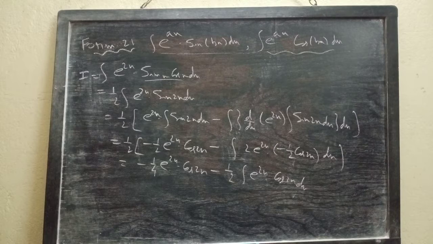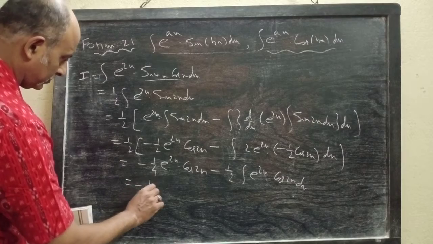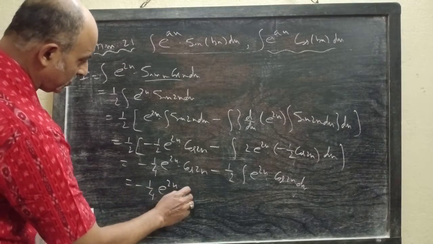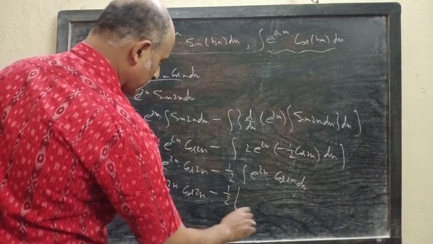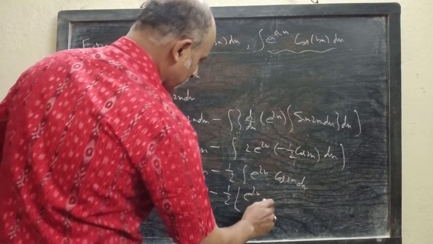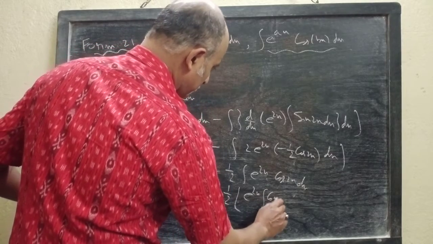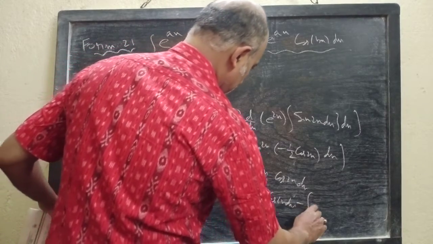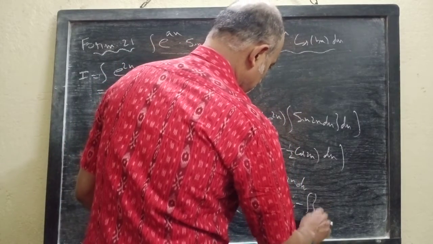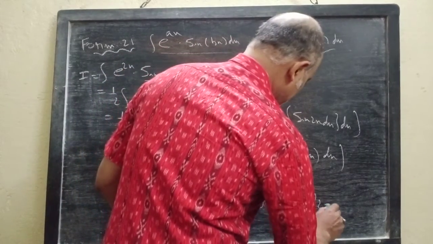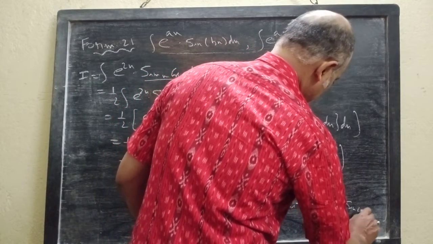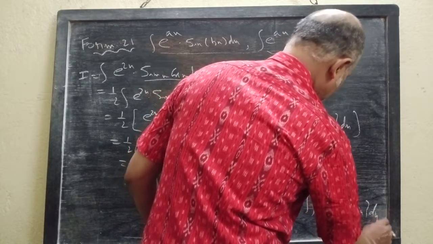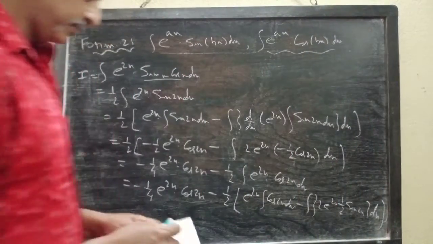Next, we have to do by parts again. Minus 1 by 4 e to the power 2x cos 2x minus half, with e to the power 2x as the first function, times the integral of the second function, minus integration of the derivative, which is 2 e to the power 2x, times the integral, which is half sin 2x, dx.